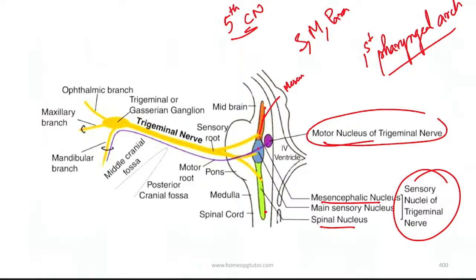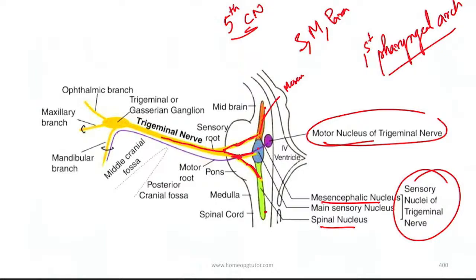So at the level of the pons, you can see these roots arising from the mesencephalic, chief or principal, and the spinal nucleus, right? At the level of the pons, these three join together.